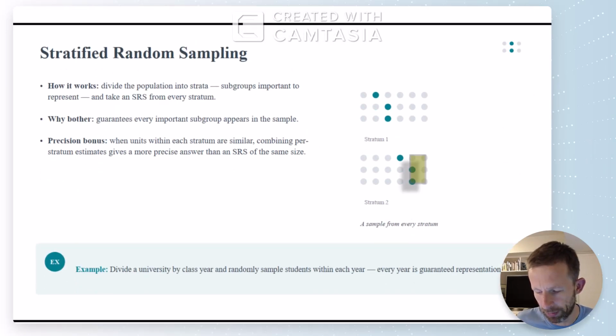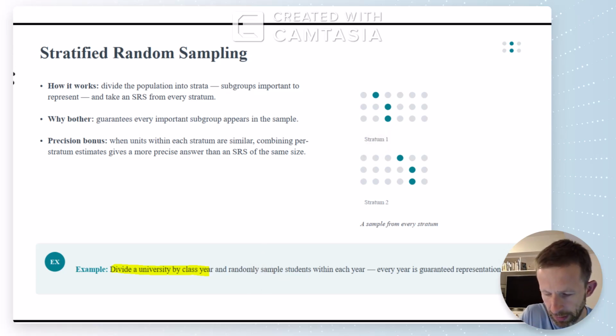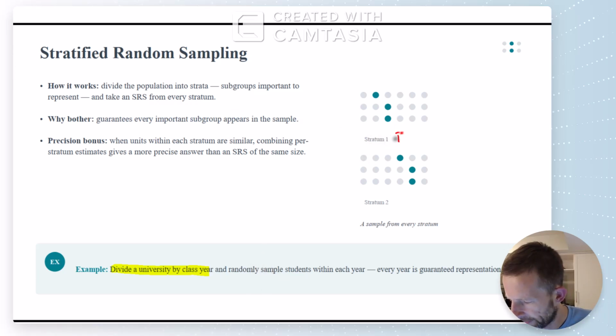So stratified sample. You divide the population into strata, groups that are similar to one another from within. For example, I can divide a university by class: freshmen, sophomores, juniors, seniors, and then take a random sample out of each of those groups. So this could be freshmen. This could be sophomores.